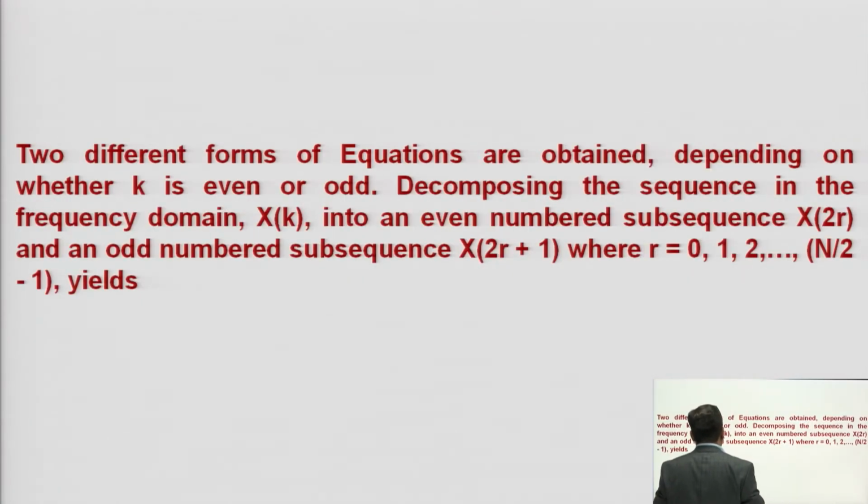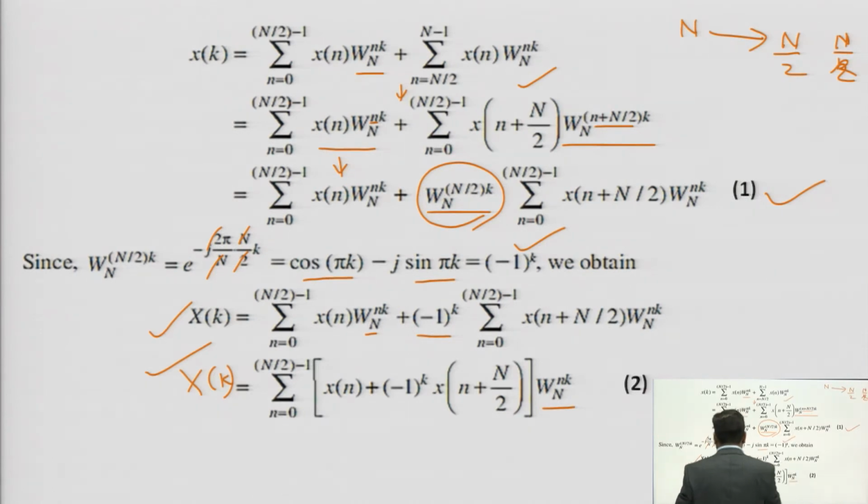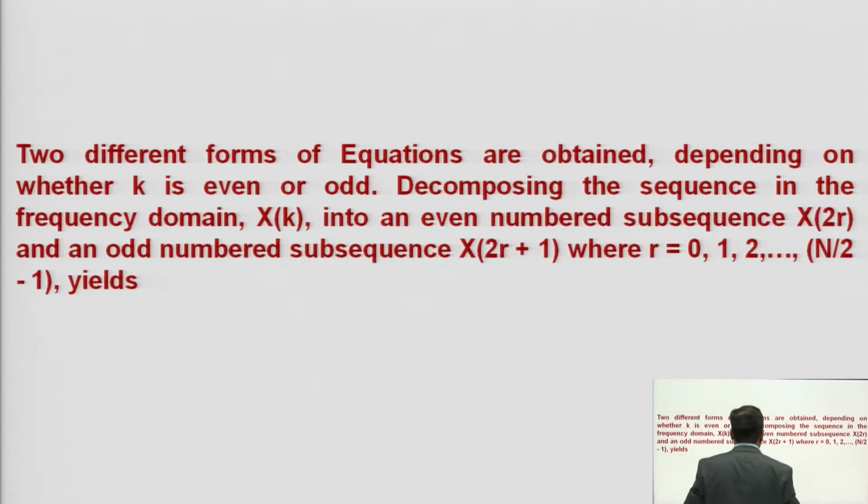Now, two different forms of the equations are obtained here, depending upon whether your k is even or odd. Now, you have to split this. This equation you are getting here, now you have to decompose this into even and odd number sequences.